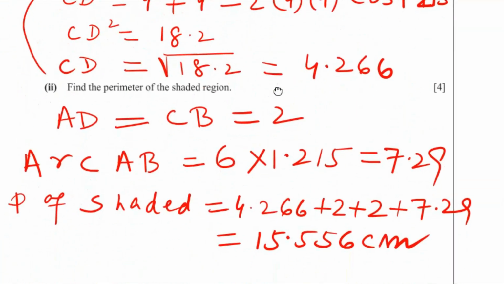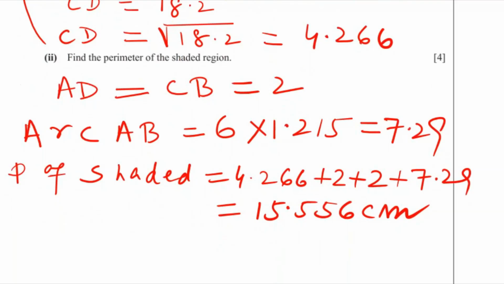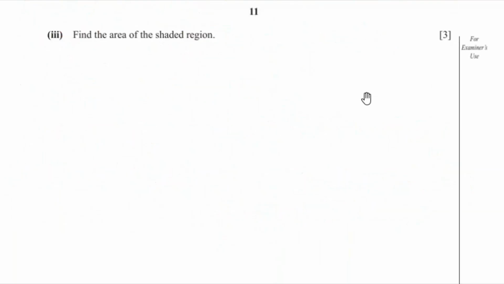Let's have a look at part number 3. What is part number 3? You can see on your screen. Find the area of the shaded region. In order to find the area of the shaded region, first we have to find the area of the whole diagram.